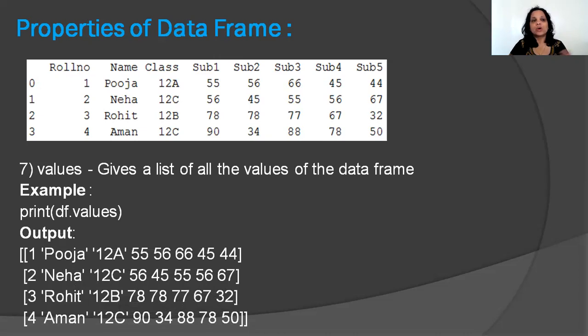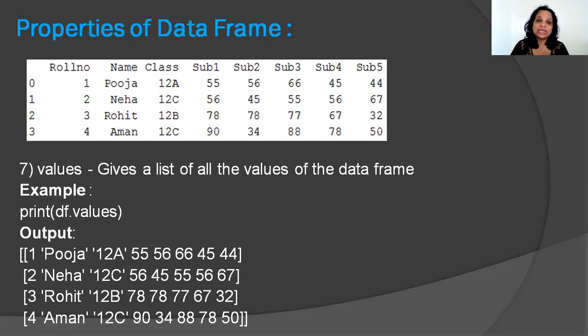Is that clear? So I hope all the 7 attributes, or properties, are clear. You had the axis attribute, which tells you what your row labels and what your column labels are. Then there is columns, which tells you only the column labels. Then there is index, which tells you only the index labels. Then we had shape, which tells you how many rows and columns you have.